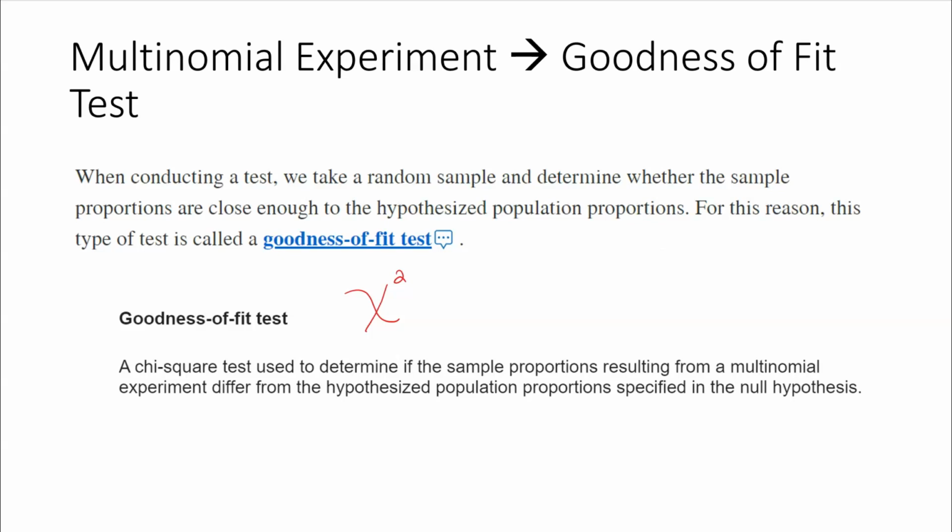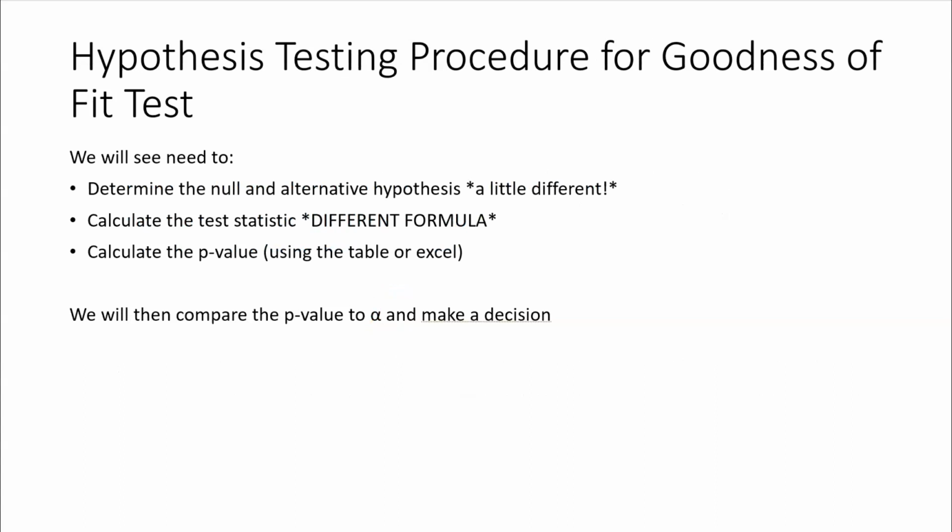So, do they differ from what we think they should be, or hypothesize them to be? When we do the goodness of fit hypothesis test, we determine the null and alternative, calculate the test statistic, calculate the p-value, and then make a decision.